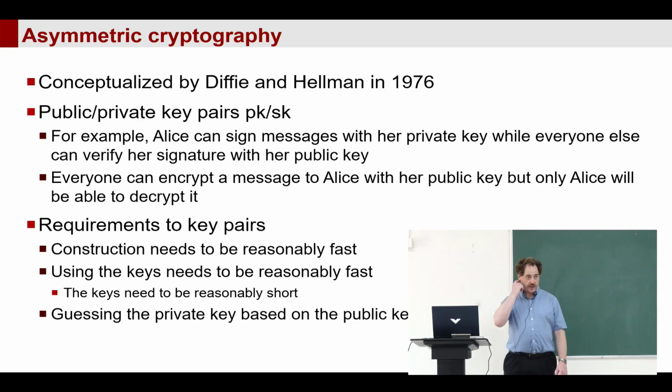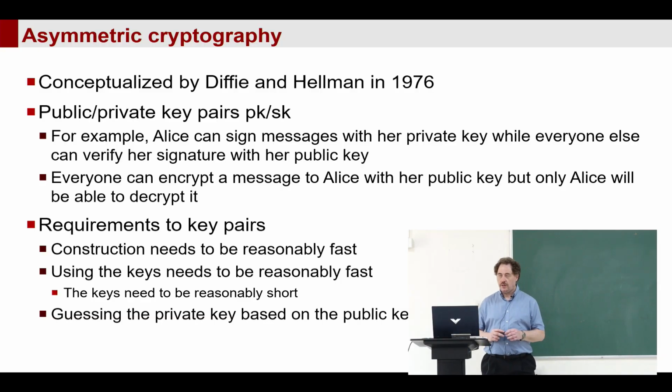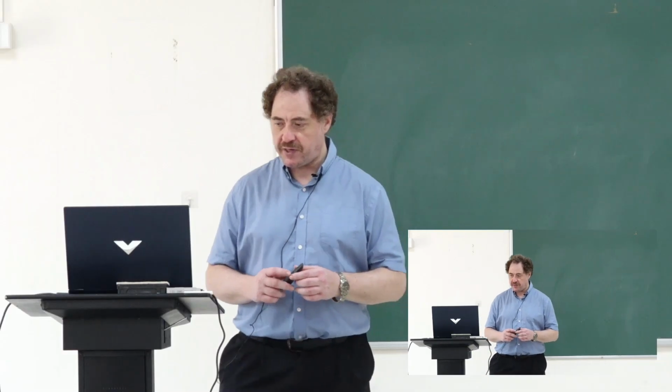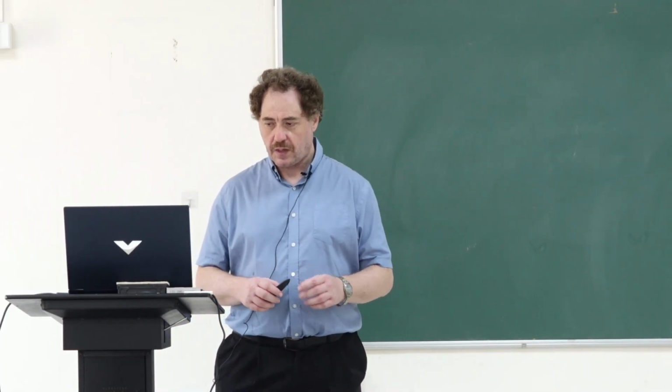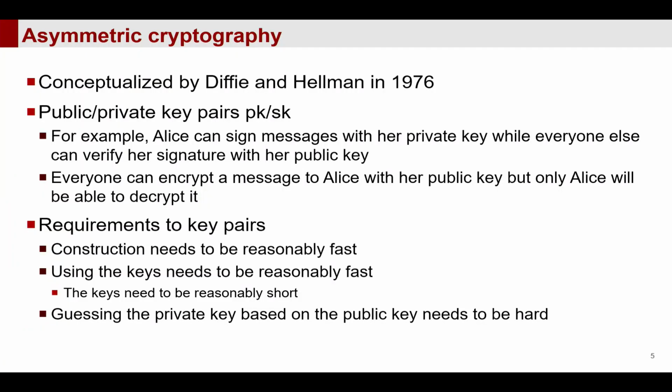This is not a course in cryptography, I'm just briefly covering the relevant cryptographic primitives and parts. So in blockchain, we are mostly using asymmetric cryptography with the public key and the private key. The idea was conceptualized by Diffie and Hellman in 1976. So in asymmetric cryptography, there is a pair of keys, one public, one private.